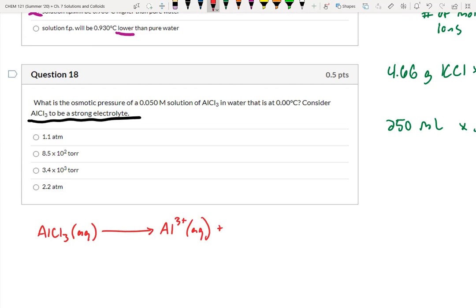And we must end up with chlorine, which is always going to be 1-. However, we had 3 chlorine, so I must have the coefficient 3 here. What would the N value be for this one? How many moles are we getting out? 4, exactly. We get 1 mole of aluminum and 3 moles of chloride.